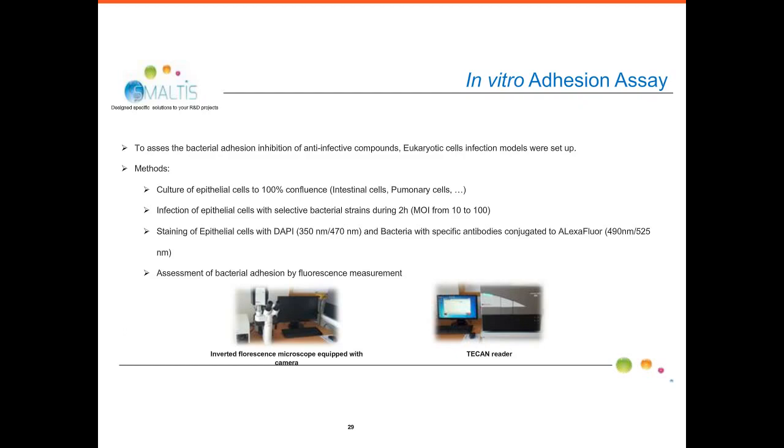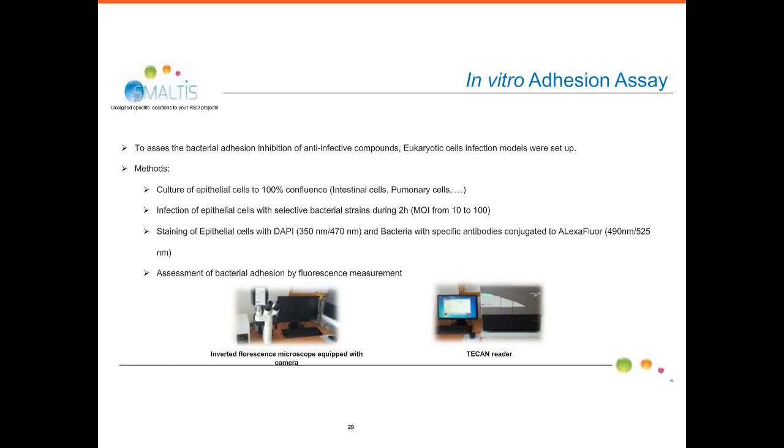For instance, coming back to Crohn's disease, for this pathology we are going to use intestinal cells. When cells are at 100% confluence, they are infected with selected bacterial strains, with a specific range of 10 to 100 bacterial cells per eukaryotic cell.